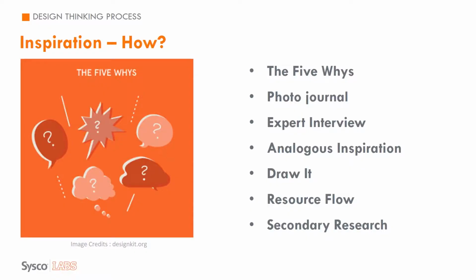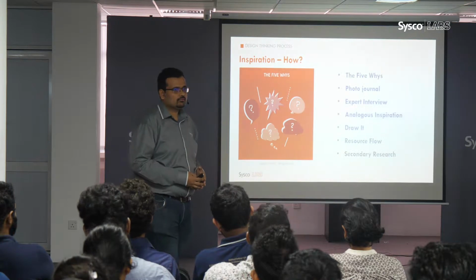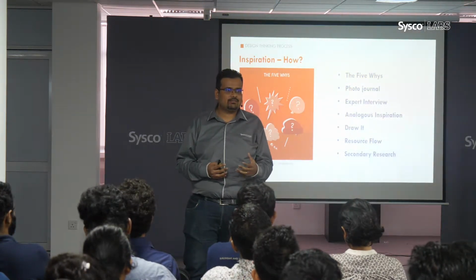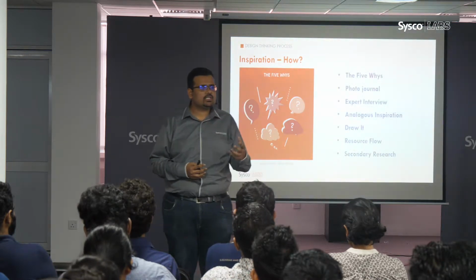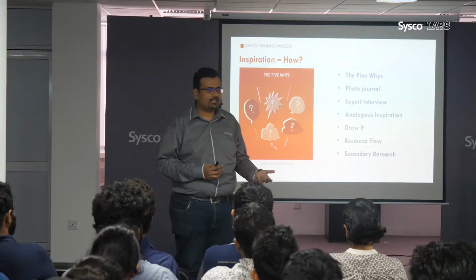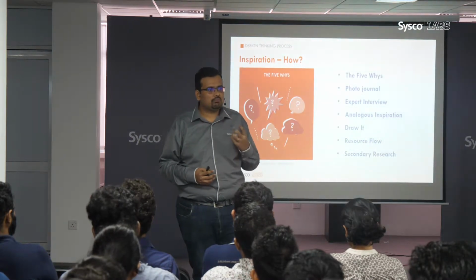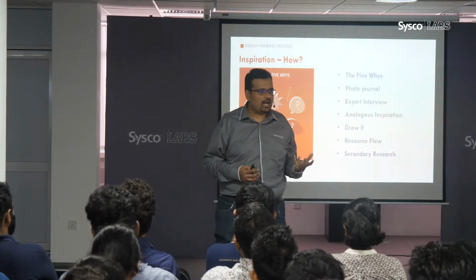There are so many ways you can go into this phase. There are a lot of approaches, so I have listed a few common ones. The first one is the 5 whys. Let's say you have a problem and you go and talk to your user, the person who is engaged with that problem, and you continuously ask why, until the point where that individual can't actually give an answer.